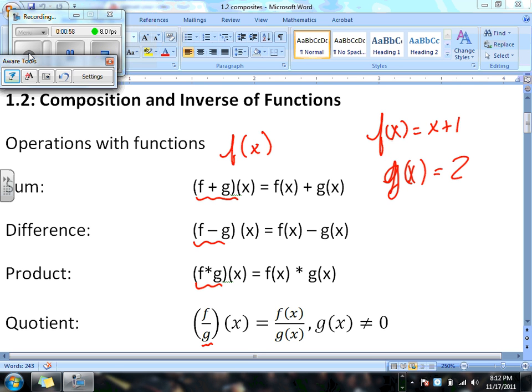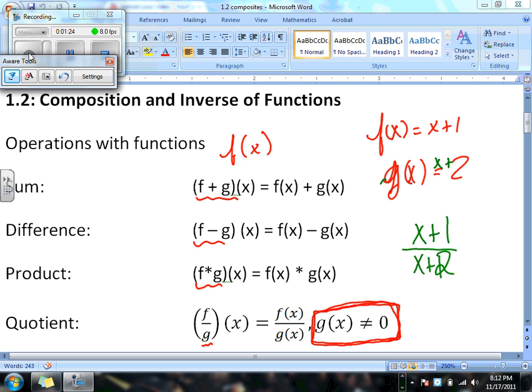One stipulation now is that this g of x cannot equal 0. So if I just changed this one up top to x plus 2, then if we were dividing this, it would be x plus 1 divided by x plus 2.